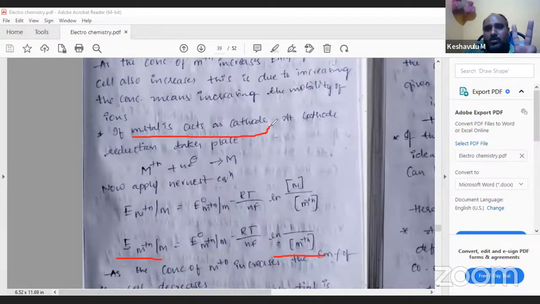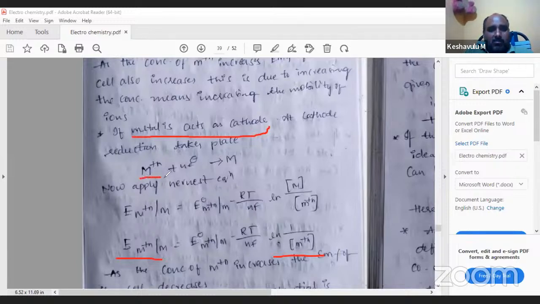Two electrodes will be there. The one having the higher reduction potential will undergo reduction, and at that time this metal may undergo oxidation. Or else, if the coupled metal's reduction potential is less, the metal will undergo reduction. So there are two possibilities: the metal will be involved in oxidation and in reduction.